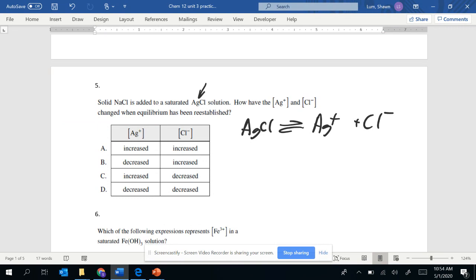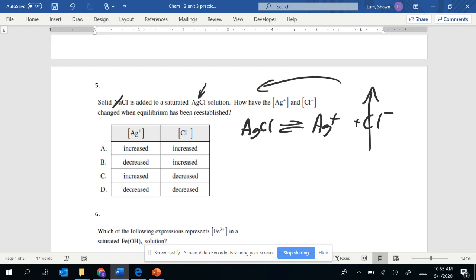Now, it's asking what is going to happen when you add a bunch of NaCl to this. So first off, Na is just going to be a spectator. If you add some NaCl to this, it's going to increase the concentration of Cl. Since it increases the concentration of Cl, it forces this to shift to the left.